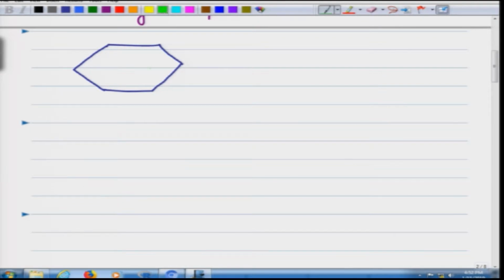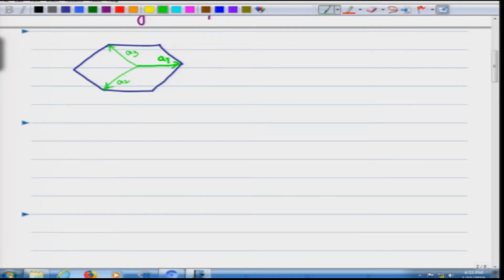So over here, as I defined, this is A1, this is A2, this is A3.